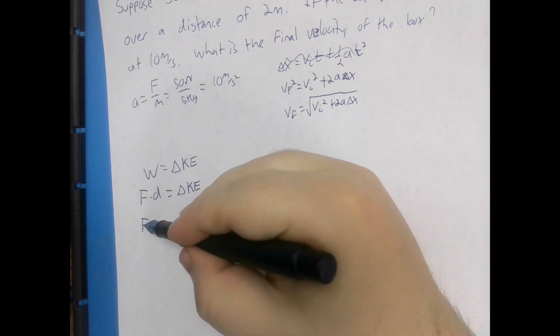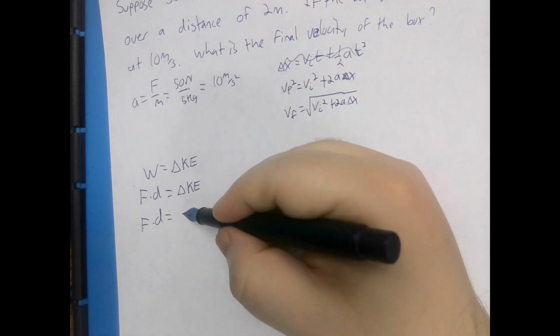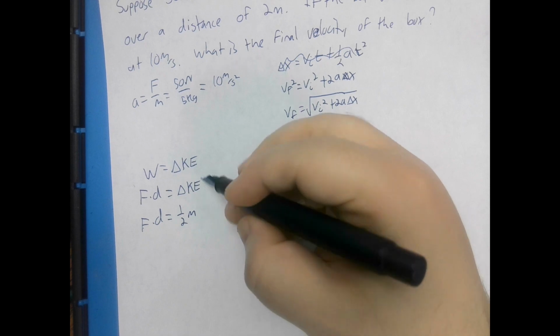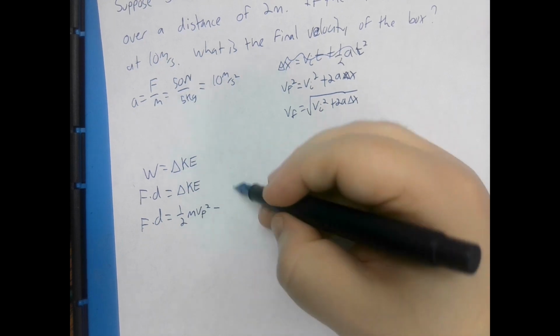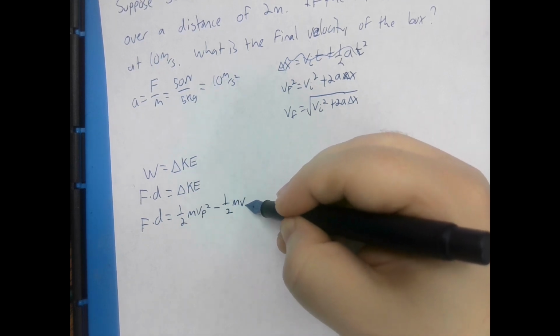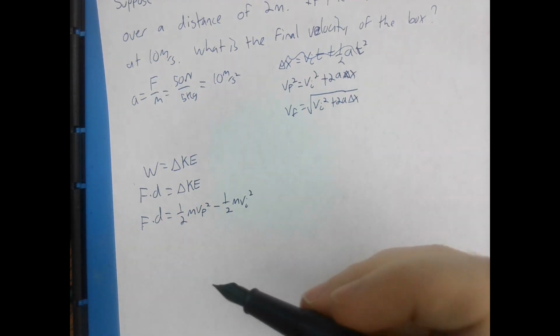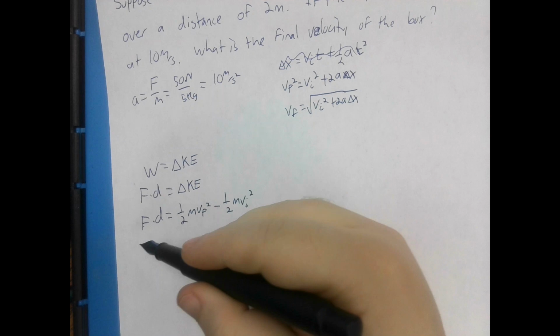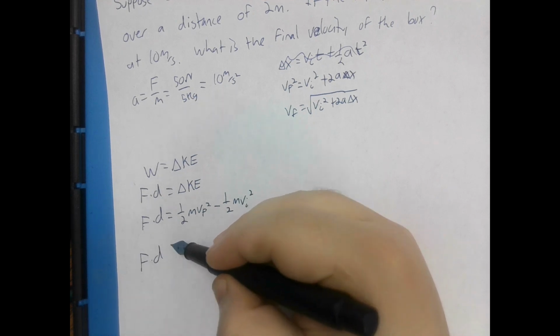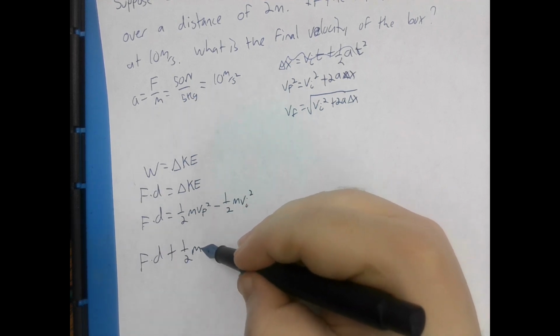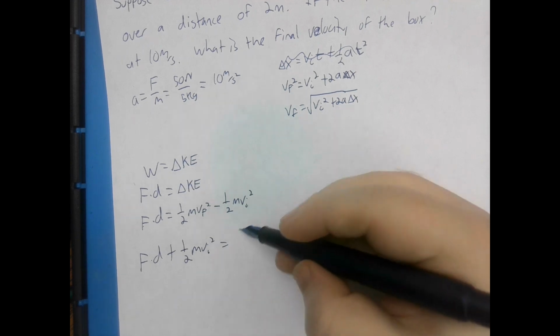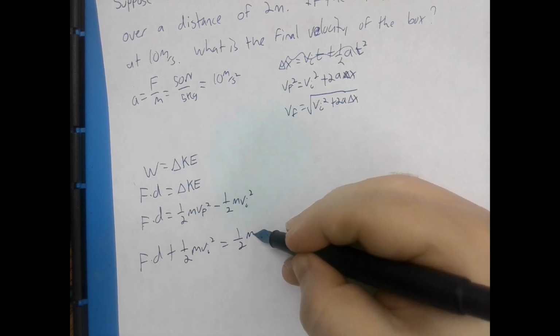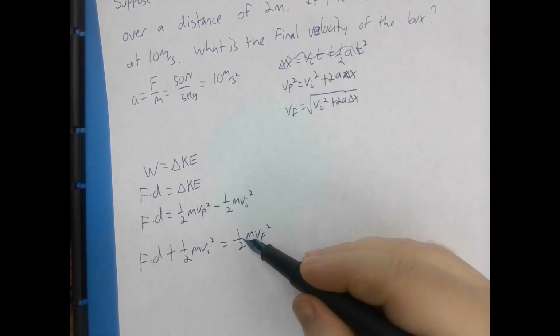So force times D is equal to 1/2 m vf squared minus 1/2 m vi squared. Solving for vf, we add this to the other side, so force times D plus 1/2 m vi squared equals 1/2 m vf squared.